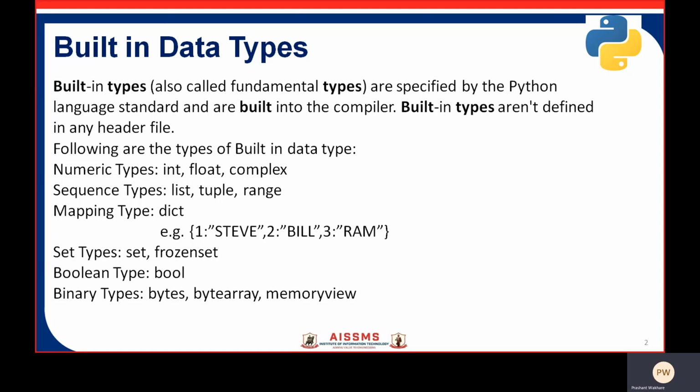The bytes and bytearray are supported by the buffer protocol named memoryview. The memoryview can access the memory of other binary objects without copying the actual data. In simple words, this data type is used to access files where the format is not in readable characters. So here we have covered all the built-in data types.